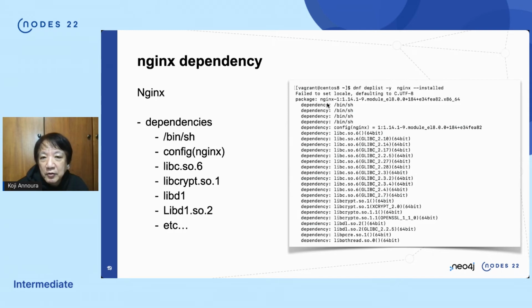New Nginx 1.14.1-9 something. The dependency is here: bin shell, config, and libc dot so dot something, like blah blah blah.